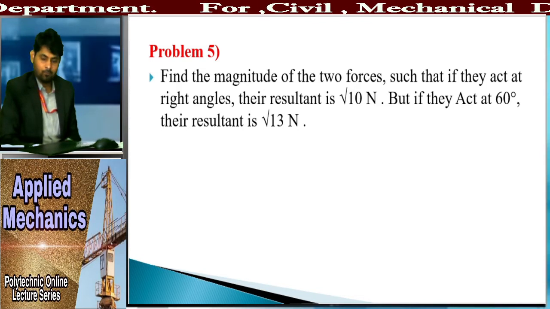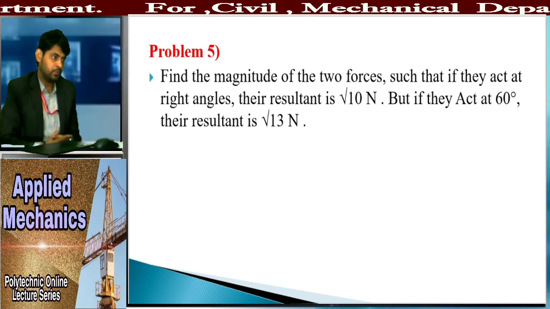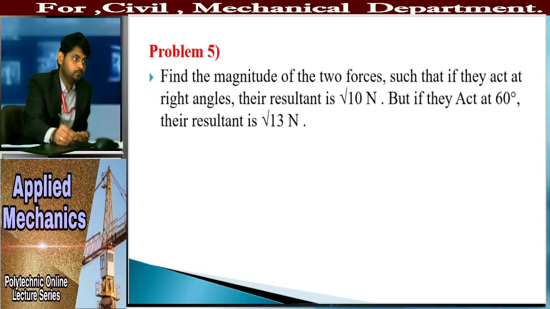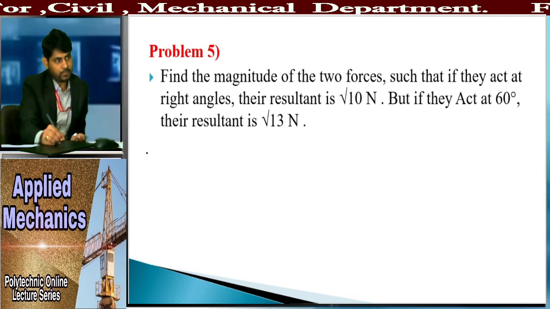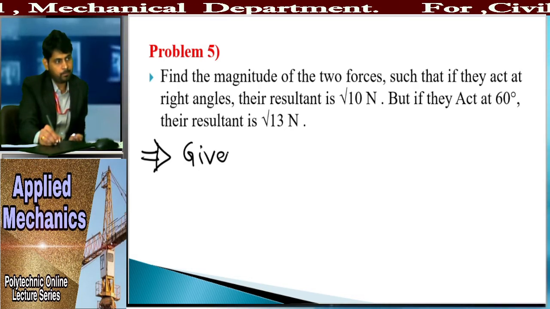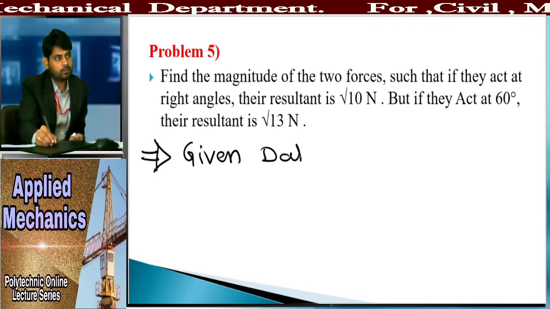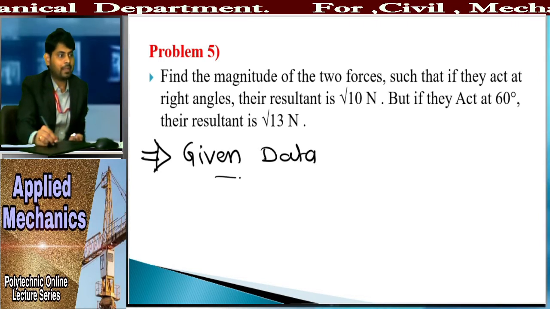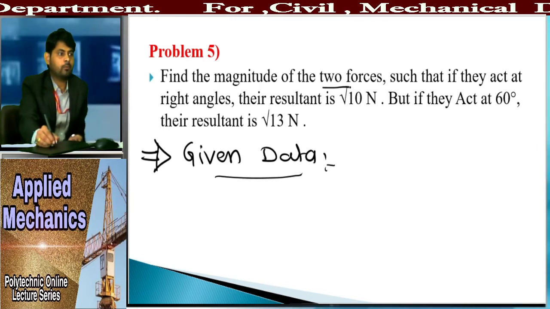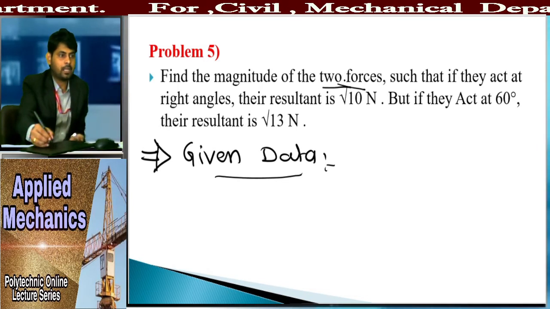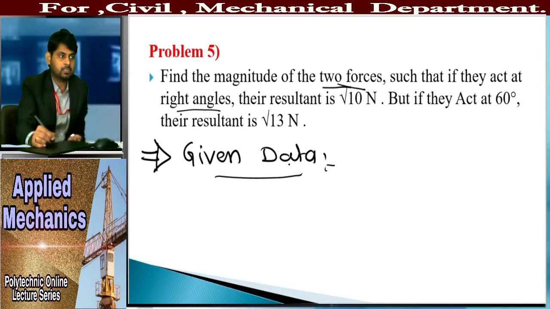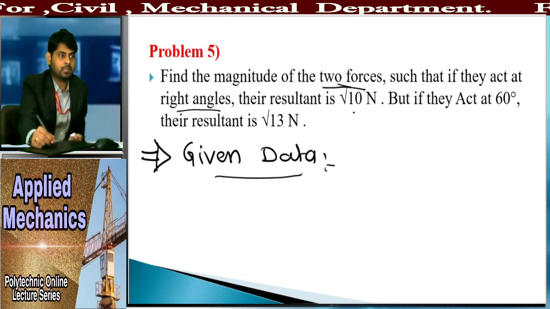So once you have read the problem, then you have to find out the given data. So here two cases are given to us. See what the problem says to us. Given data: find the magnitude of the two forces. Means we have to find the magnitude of both forces such that if they act at right angles, the first condition is right angle and the resultant is under root 10.